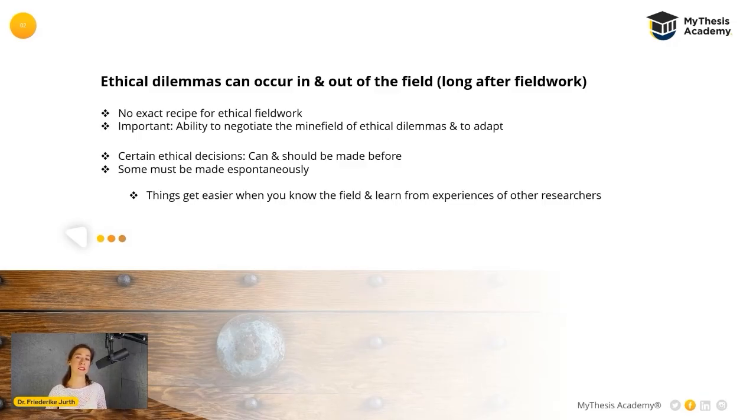But the ability to negotiate and to adapt to certain situations and to interact and solve some issues is up to the researcher, and also depends on the personal ability and the manner of communication and of how to be transparent of every person.